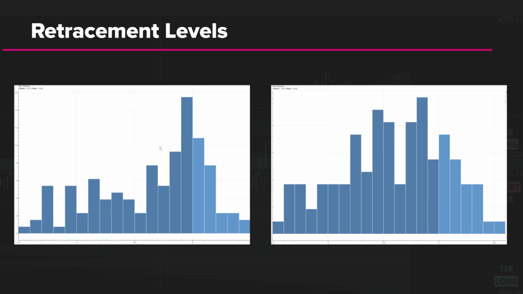From this chart, you can see right off the bat, on this left chart, notice this node here, this node here and this node here. This zone tends to be a zone where there's a lot of activity.